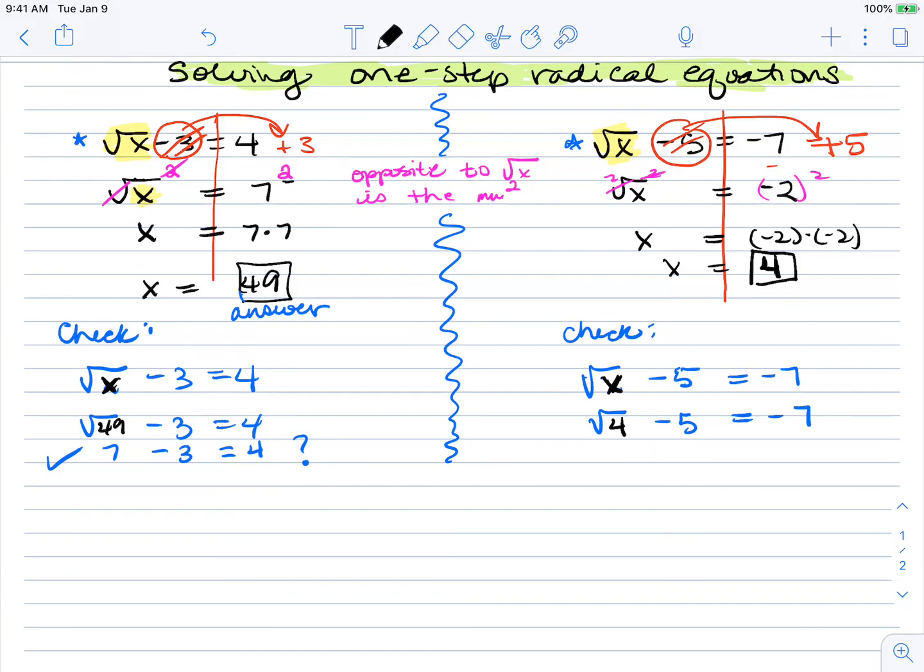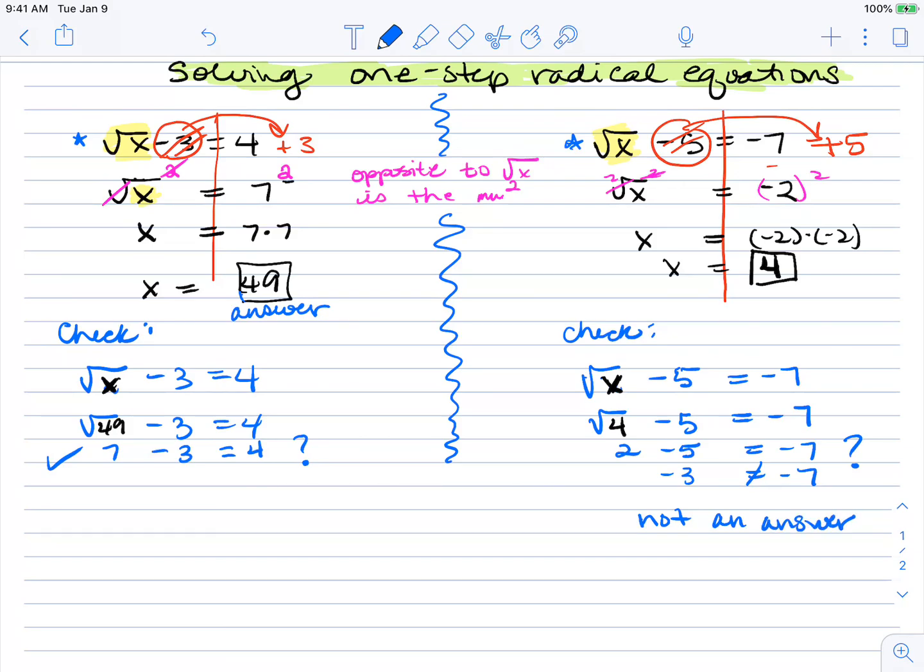When I take the square root of 4, I get 2, and that's 2 minus 5. And I'm asking the question, does that equal negative 7? Well, no. 2 minus 5 is negative 3, and negative 3 does not equal negative 7. So this is not an answer.